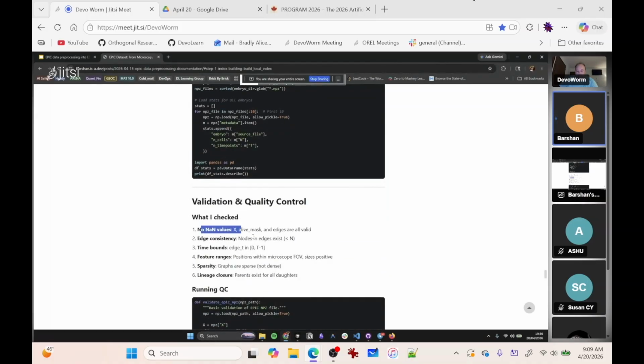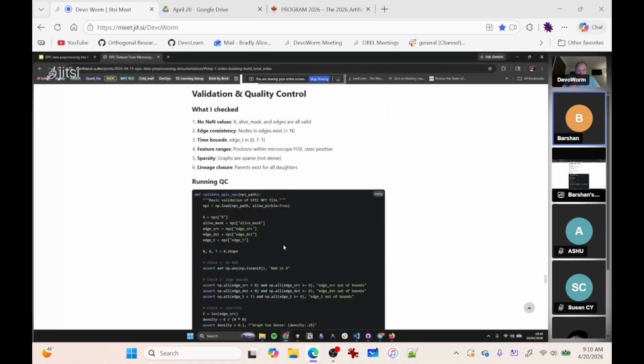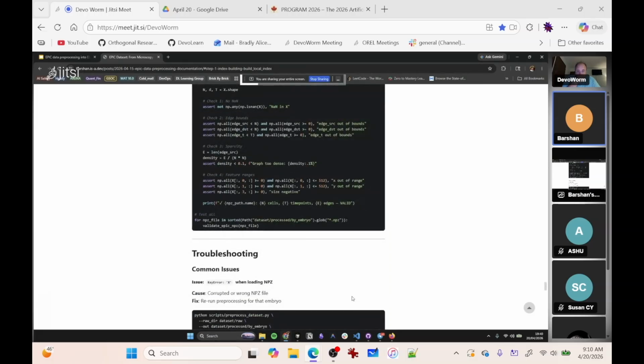There are no null values in this dataset, and there are no nodes without edges: there is always an edge, so that working on this dataset doesn't run into an error. The graphs are sparse, not dense, so they are not heavy on memory. And we have linear closure: parents exist for all daughters.